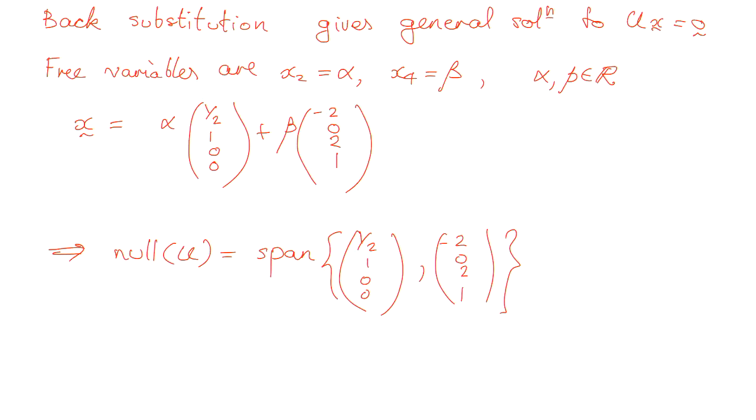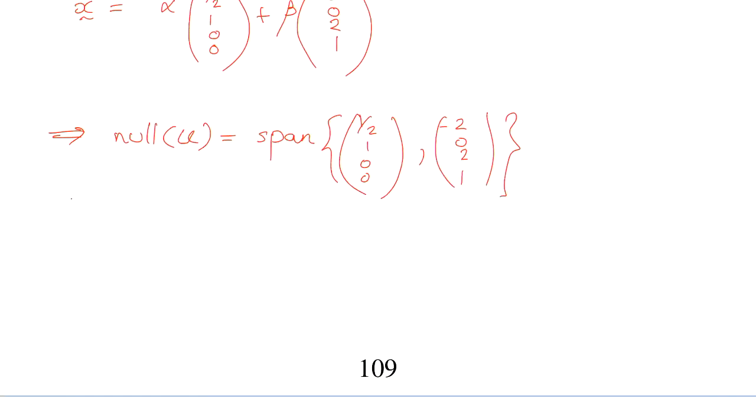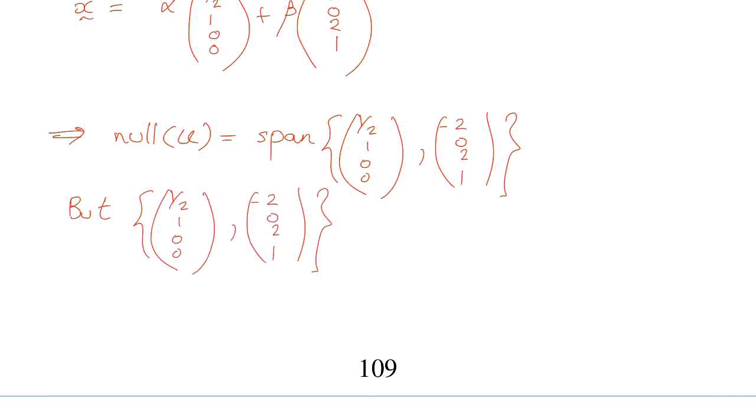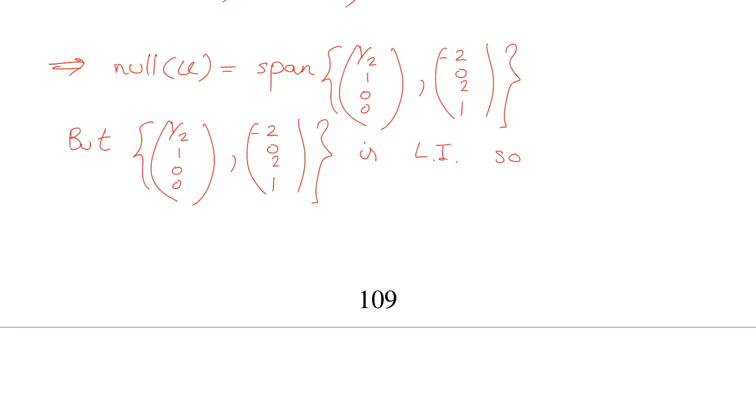So we can verify just by brute force by doing the same thing that we did for the row space, which we all hopefully are comfortable with doing now. You take an arbitrary linear combination of these two vectors, set it equal to 0, see what choices of coefficients you can get away with. It turns out only the trivial choice works. So this set is independent. So it spans the null space of U. It's independent, so it's a basis for the null space of U.